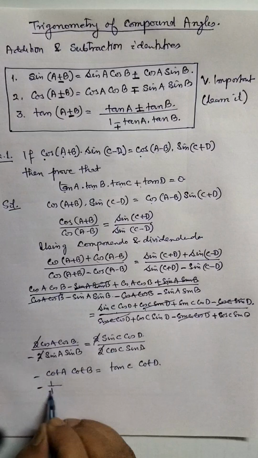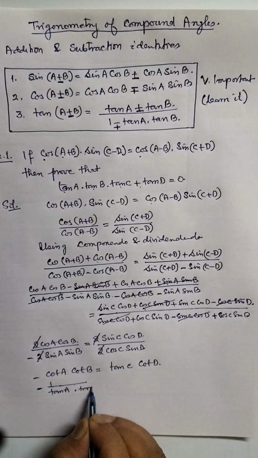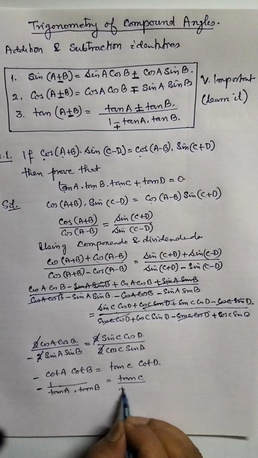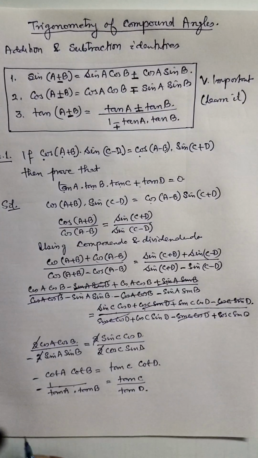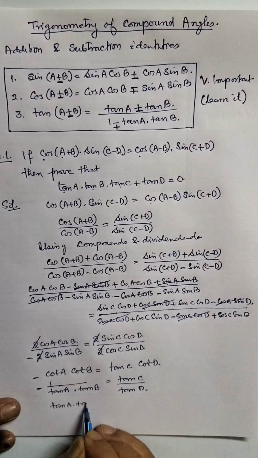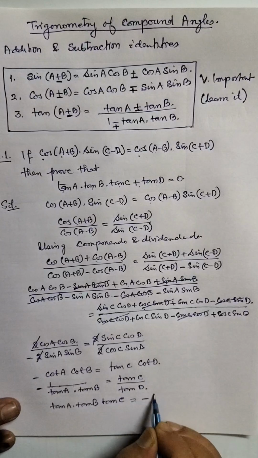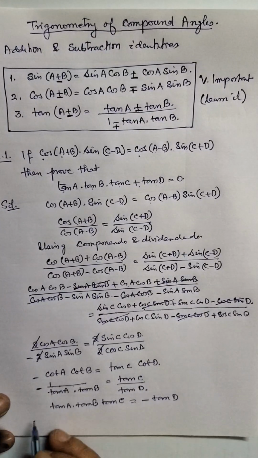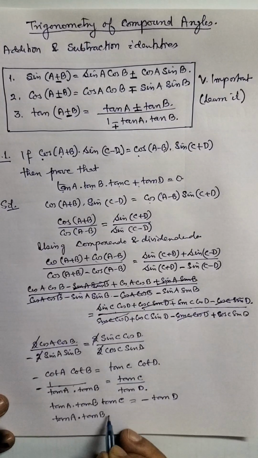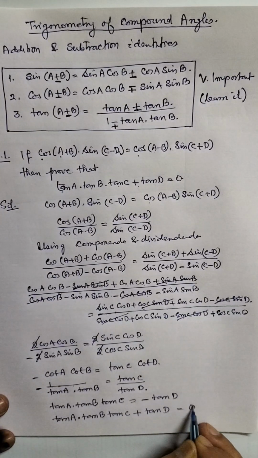This becomes 1 over tan A tan B, this is tan C, and this is tan D. Or if I rearrange, I get tan A tan B tan C equals minus tan D, or tan A times tan B times tan C plus tan D is equal to 0.